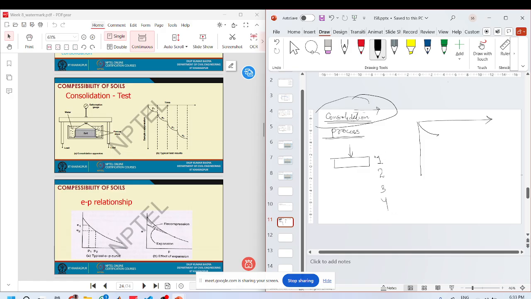At 24-hour intervals, you turn a load, for example, 120 kPa, and you monitor this settlement for 24 hours. Then after 24 hours, you again load, and then you again load it. Okay.